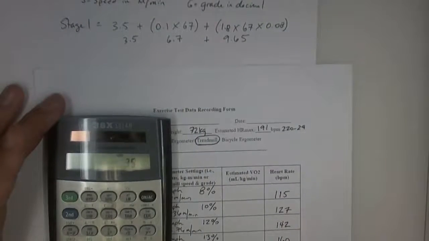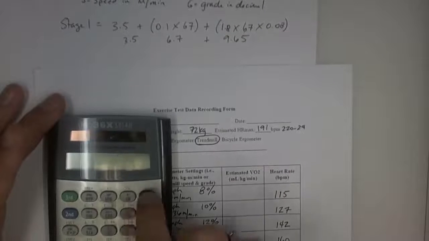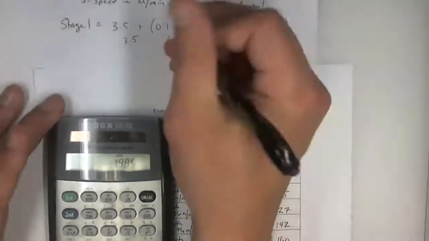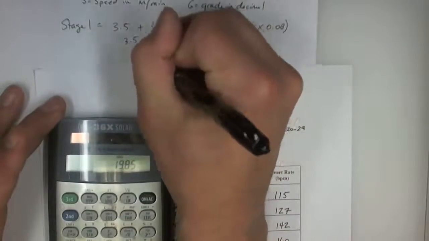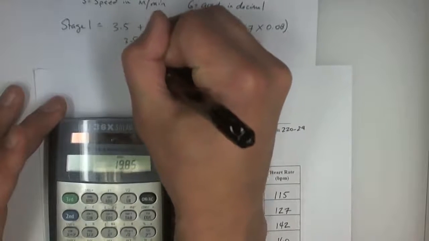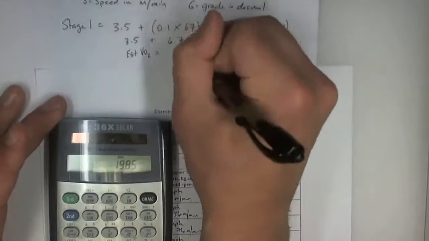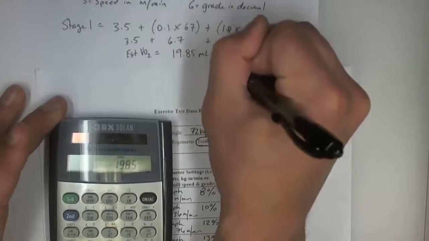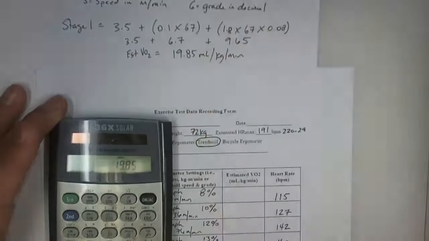So 3.5 plus 6.7 plus 9.65 gives us an estimated VO2 of 19.85 mils per kg per minute.